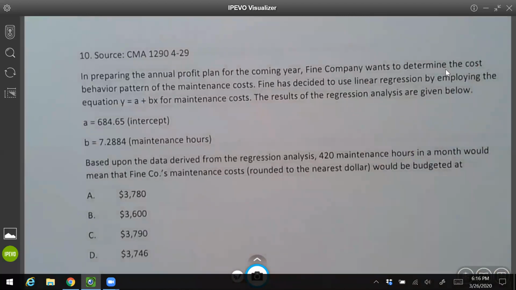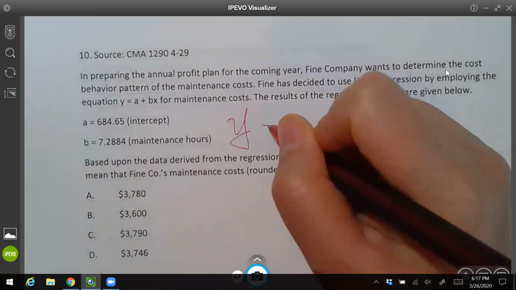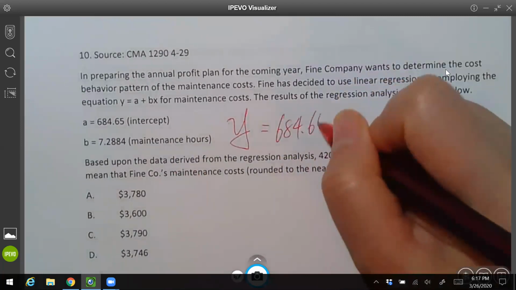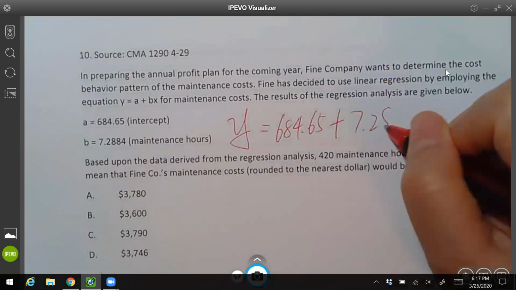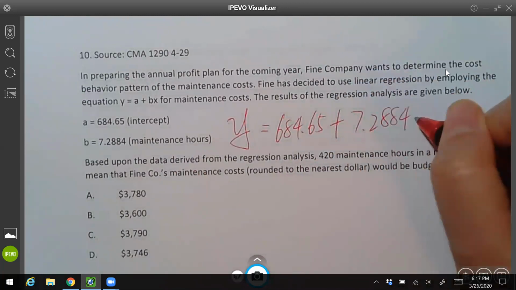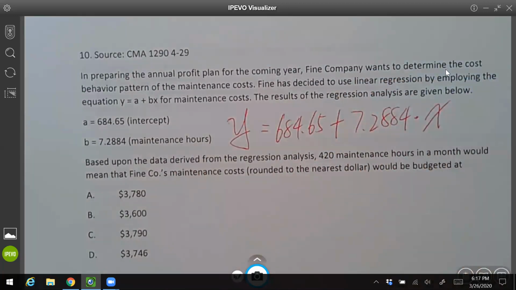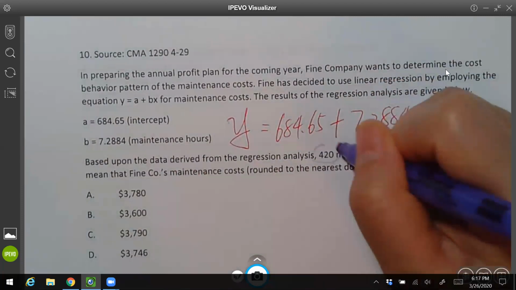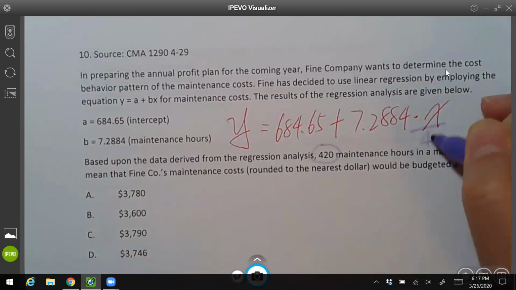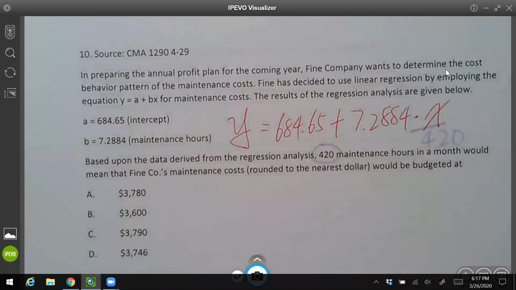Question 10, talking about similar things. You got the intercept and this coefficient. You want to write your regression: y equals 684.65 plus 7.2884 times x. Your x is the maintenance hours, and we already said you incurred 420 machine hours. So you replace x with 420.